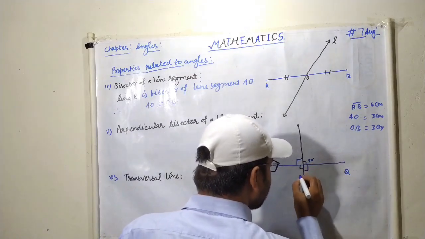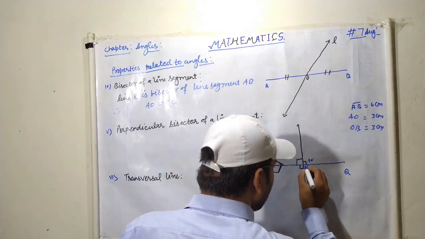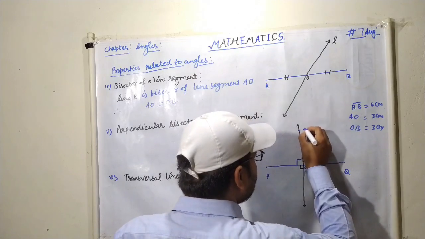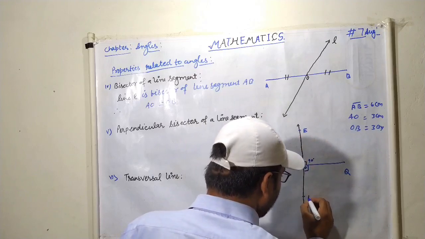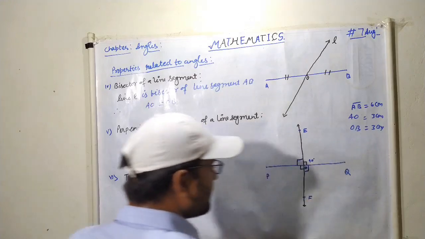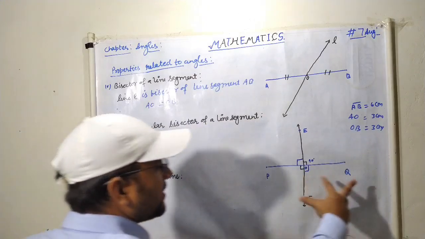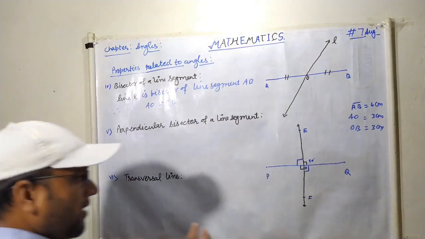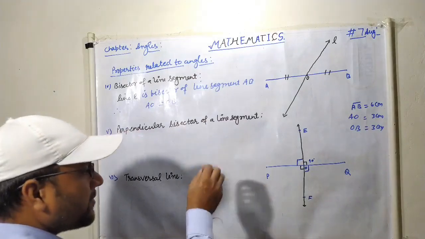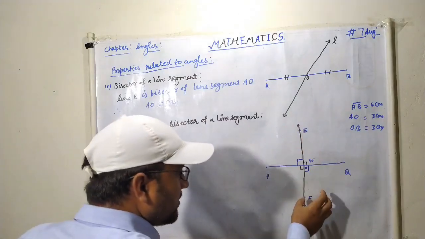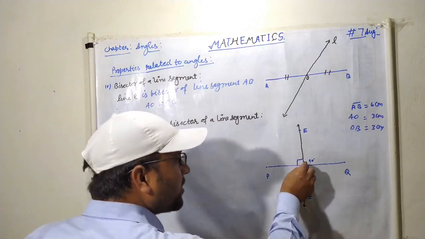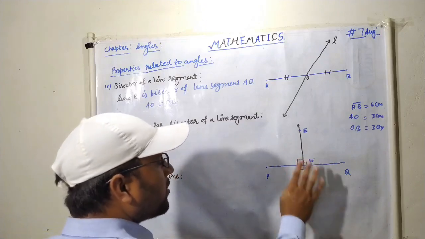You can say this point is O and this is E and F. EF is a line which divides this line segment into two equal parts and is also perpendicular to it. Okay. A perpendicular bisector of a line segment means a line divides a line segment into two equal parts and is perpendicular on it also.